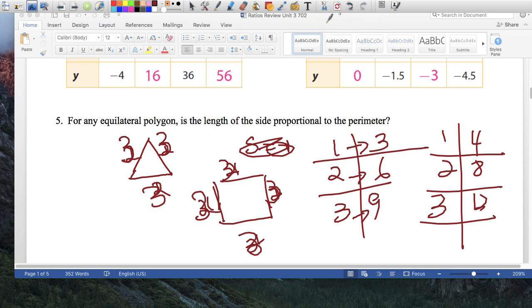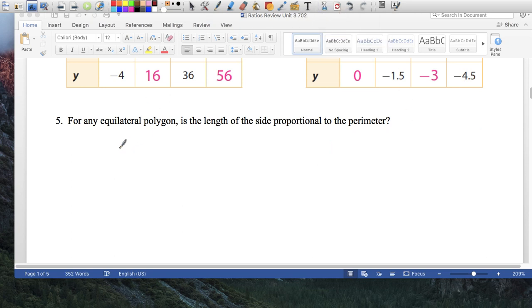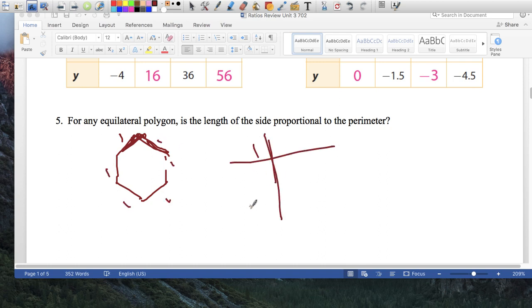So you can pick any shape. I don't know. Let's pick a 1, 2, 3, 4, 5, 6. Now imagine that this is equilateral, all the side measures. So we've got 1, 1, 1, 1, 1, 1. If you create a table, the perimeter would be 1, 2, 3, well, it would be 6 because that's the sum.